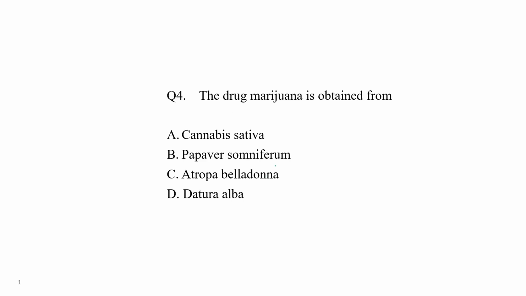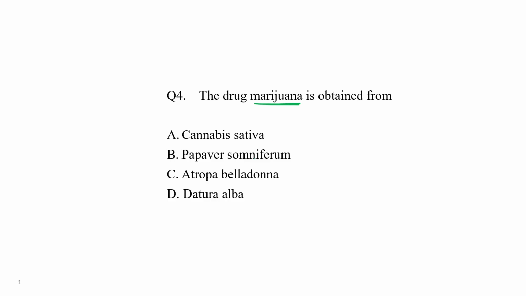Next, question number 4. The drug marijuana is obtained from cannabis sativa, Papaver somniferum, Atropa belladonna, or Datura alba. It's a very good and very important question. It is given in your book. So, out of the 4 choices, which one would be the correct answer for the drug marijuana?